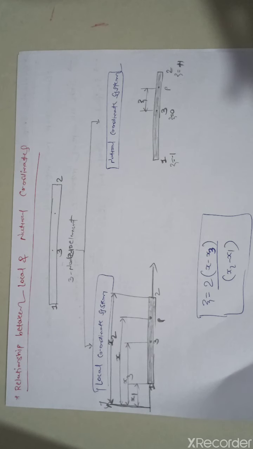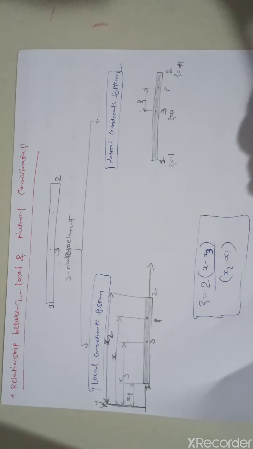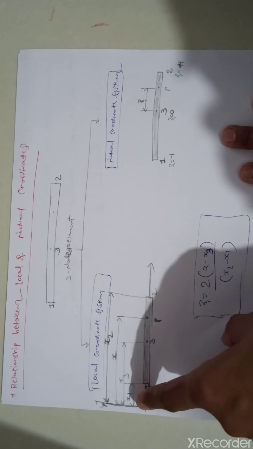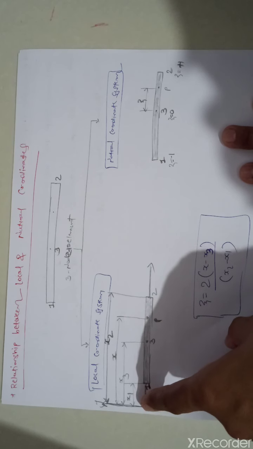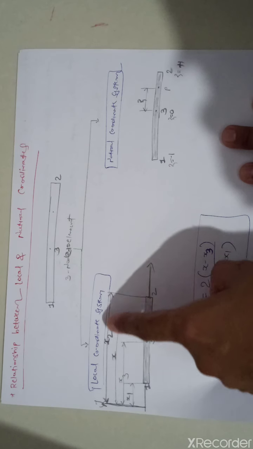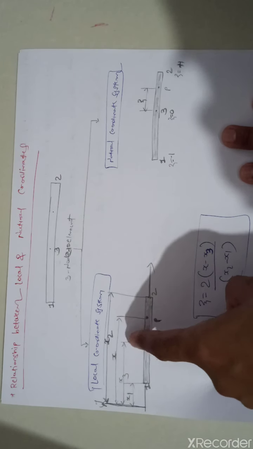If we represent this 3 node element in the local coordinate system, then node 1 is x1 distance away from the origin, node 2 is x2 distance away from the origin, and node 3 is x3 distance away from the origin.